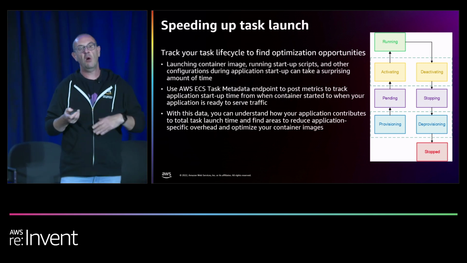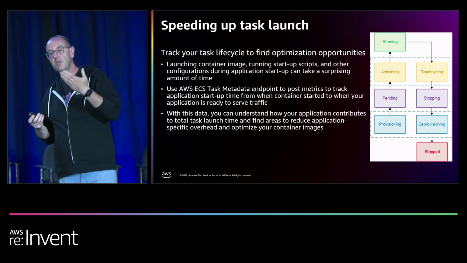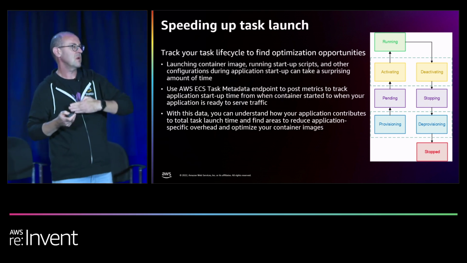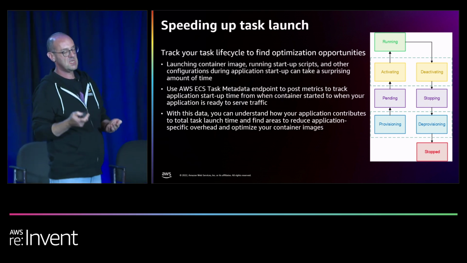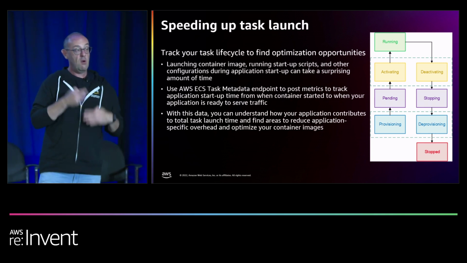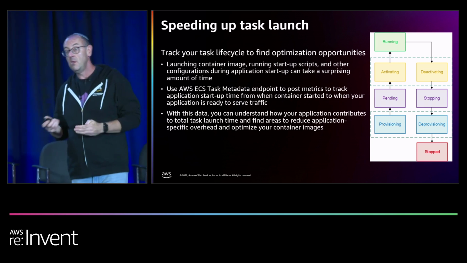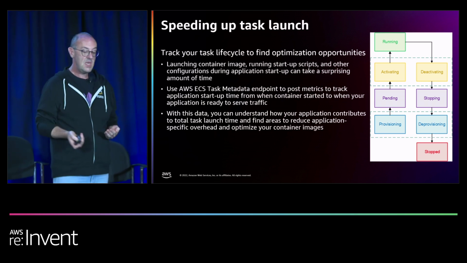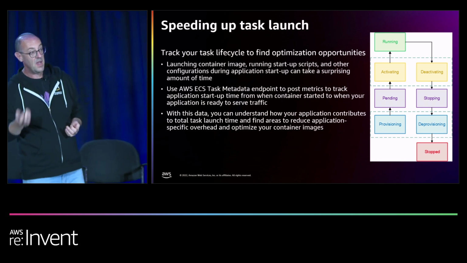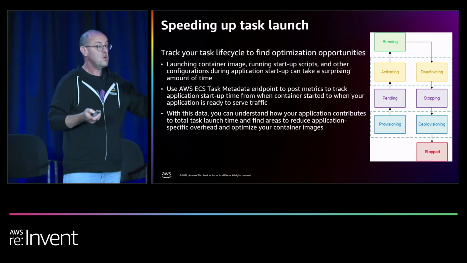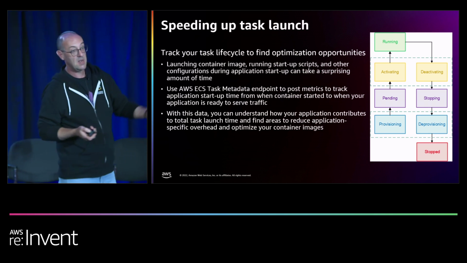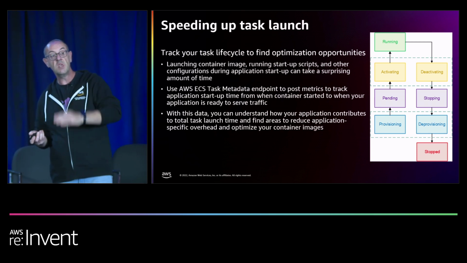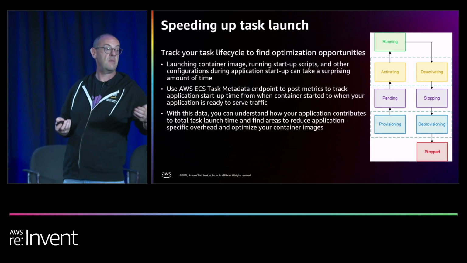So if there's a slow start up for your application because you're downloading dependencies, initiating variables, or unpacking information from S3 in the beginning, there are ways to measure this. You can use your code to instrument these calls, and using the ECS agent metadata API, you can send these metrics to CloudWatch to understand what is taking long, how long it took to start my container from pull time to healthy state.